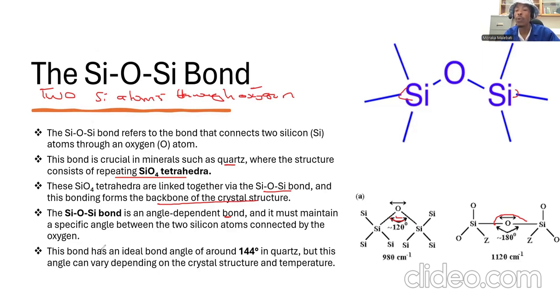Like I said, we always want to maintain the ideal geometry. This is because the geometry of the bond will impose what we call constraints.